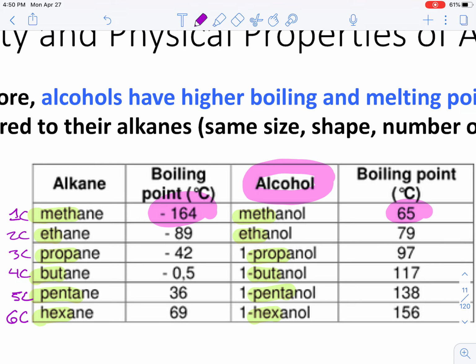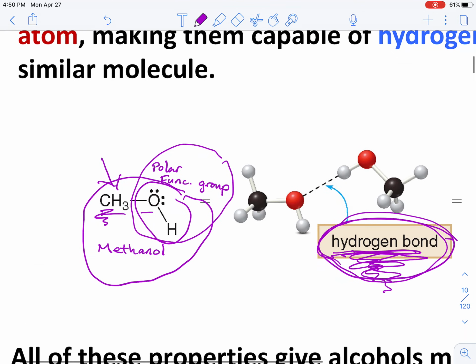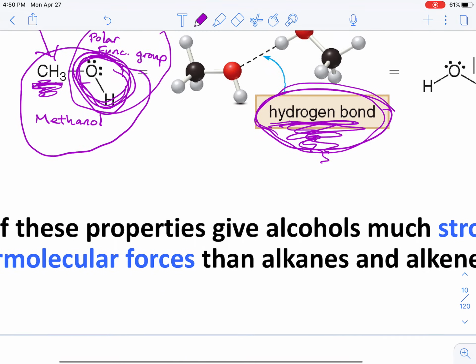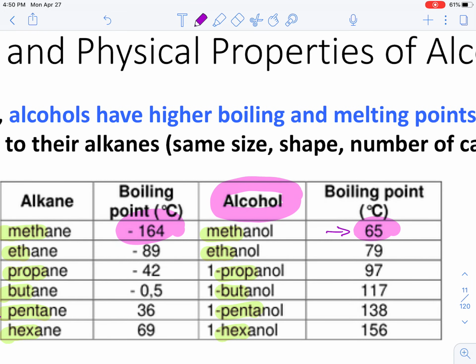However, the moment you attach an alcohol to methane, the boiling point is going to be 65 degrees Celsius, right? This tells us that simply adding this OH group allows this typical non-polar hydrocarbon to have a boiling point that's greater than 25 degrees Celsius.